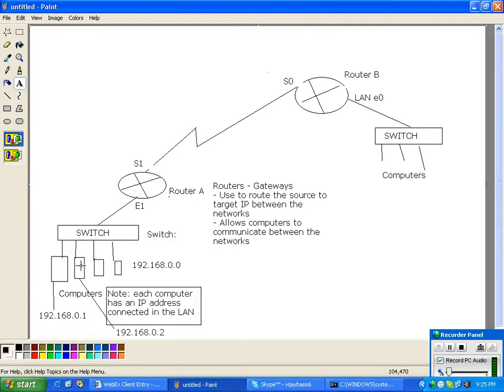Inbound means it accepts the signal from the intranet, internal computers, company computers, and the computer signal will be sent to the outside via the WAN link, WAN port. So this router inbound interface will have an IP, 192.168.0.100.